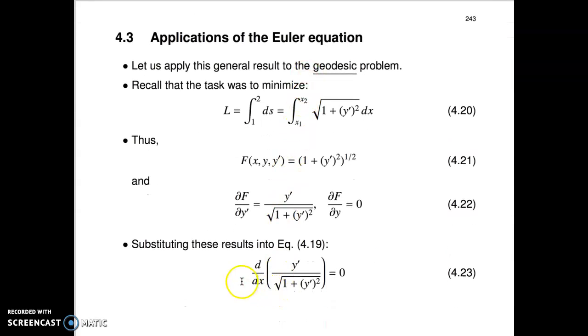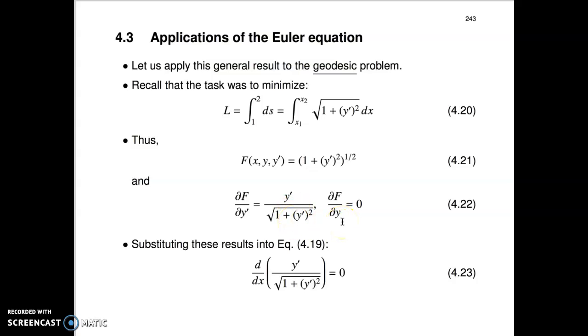So let's take a look here. So big F looks like this. So if you take the derivative of big F with respect to y primed, you can do this derivative yourself. When you treat y primed as a variable, you get y primed divided by the square root of 1 plus y primed squared. Okay? Again, you're just treating y primed as though it were a variable like x.